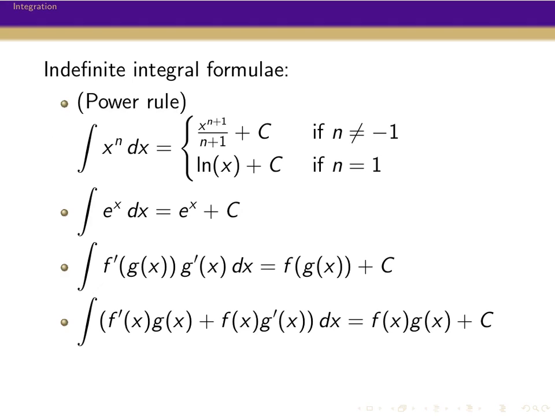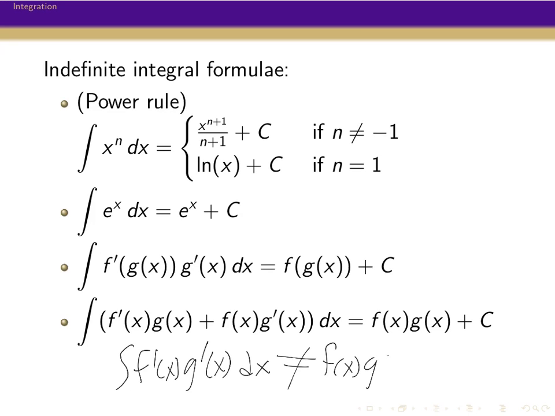And then the last thing is, this is just the product rule written out backwards, doing it by integration. I think the important thing to note in this is that the integral of f prime x g prime x dx is not equal to f of x g of x plus c. And that's just because taking the derivative of f of x times g of x does not give you f prime x g prime x.